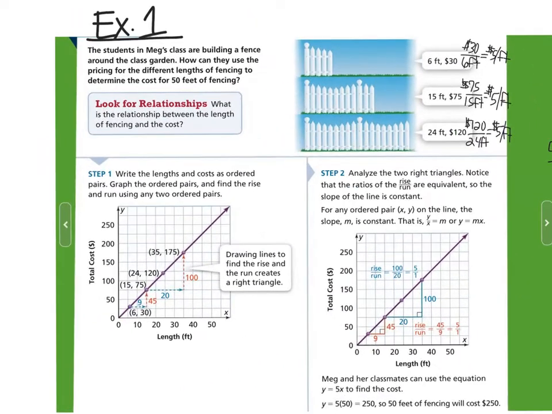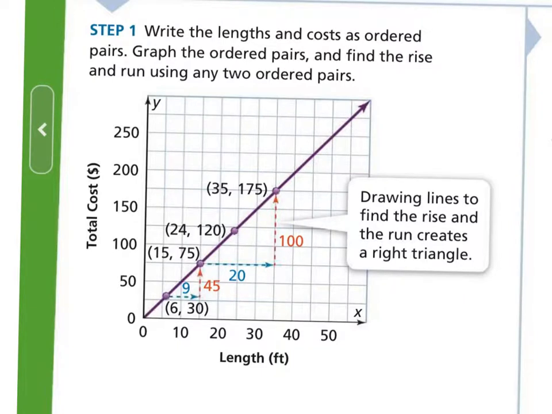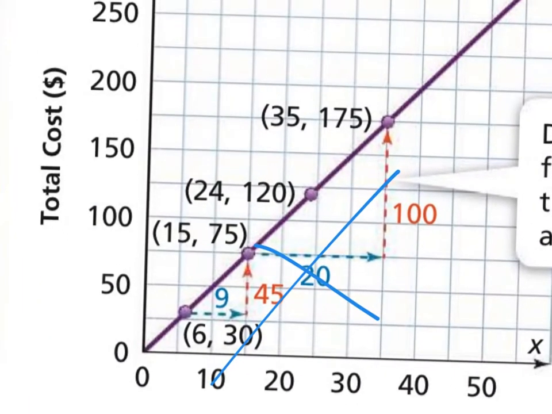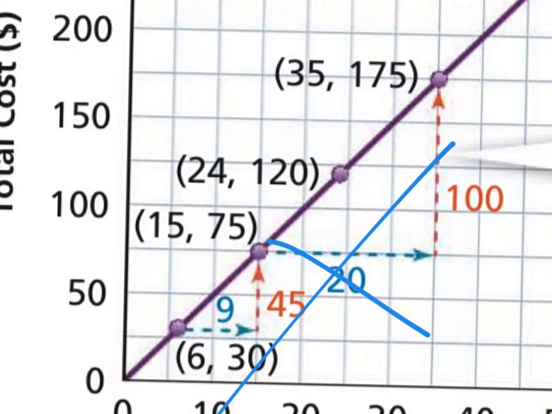So if we look at what the book did, they just did this a different way. Again, not really a big fan of these triangles underneath here, but a couple of these they gave us information. For 15 feet it was $75. For 6 feet it was $30. 24 feet is $120.